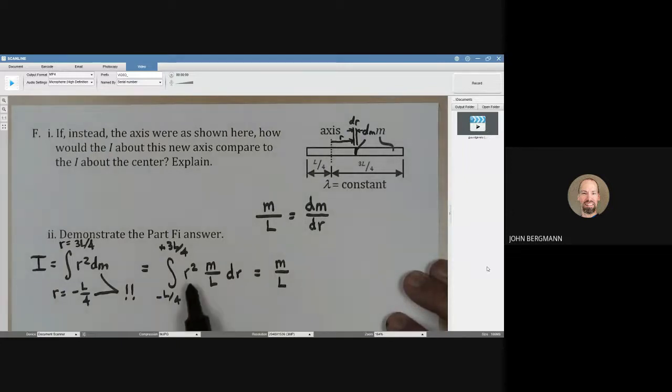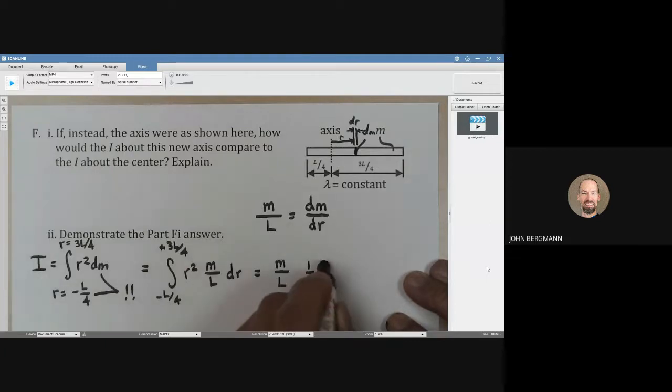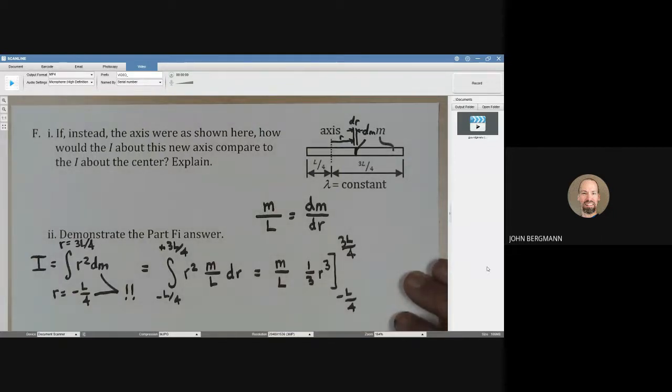When we integrate r squared dr, we get 1/3 r cubed, and our integration limits are 3L over 4, and down here the lower bound is negative L over 4.